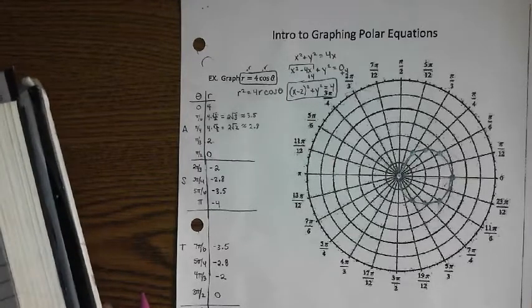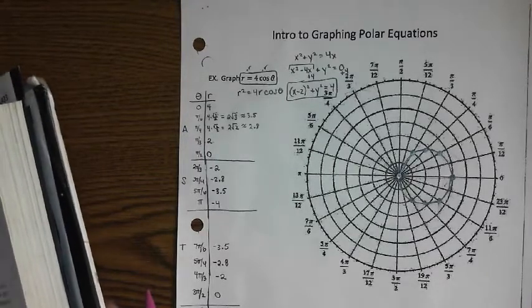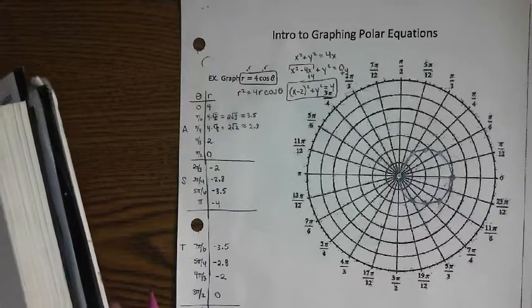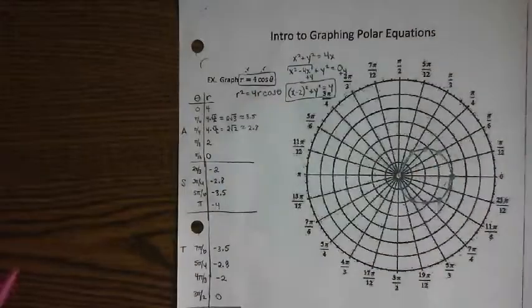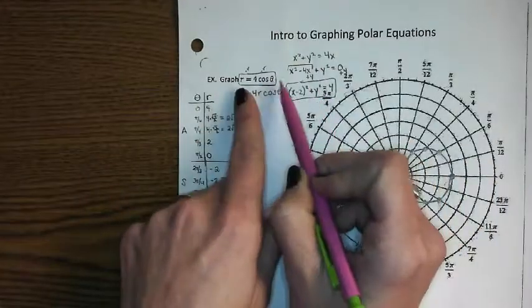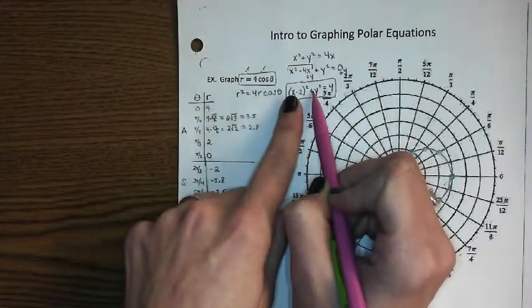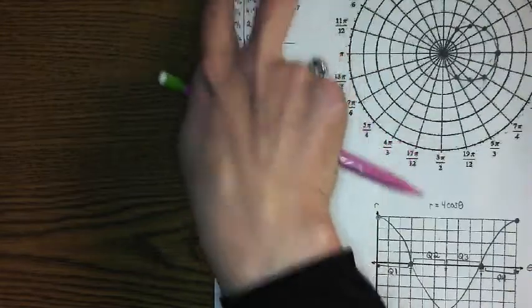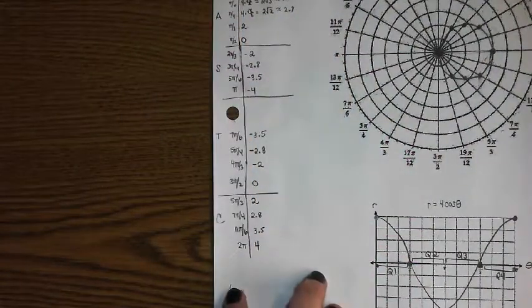If I show you just a random page, if you've looked ahead at all, we're going to be graphing stuff that looks like this. We don't have rectangular equivalents to a lot of this stuff. Circles are one of the few that we do. So not all graphs are going to be able to have this shortcut.